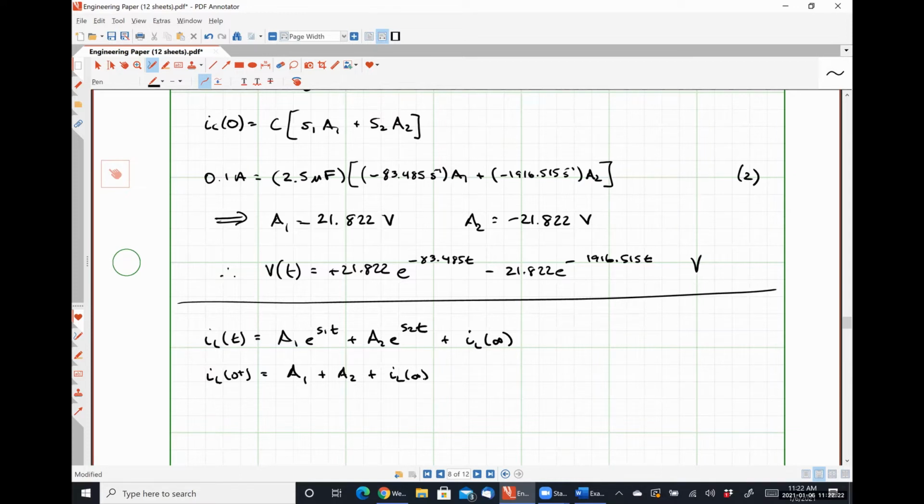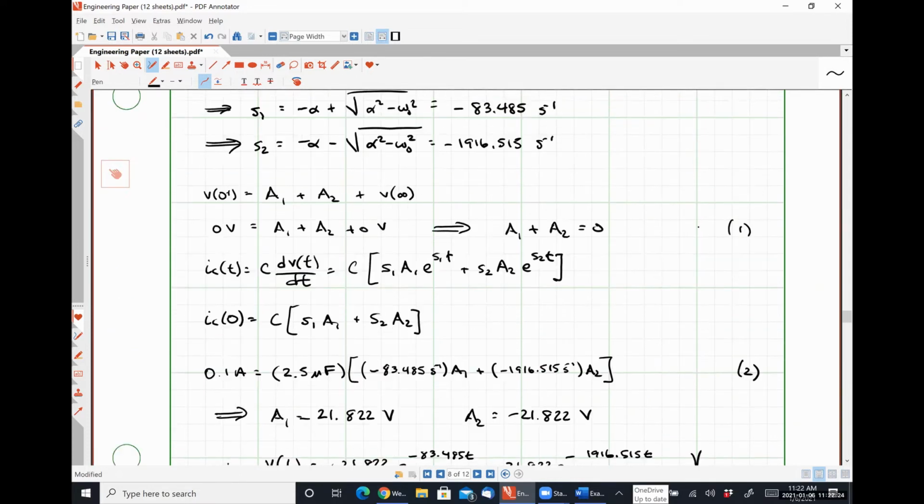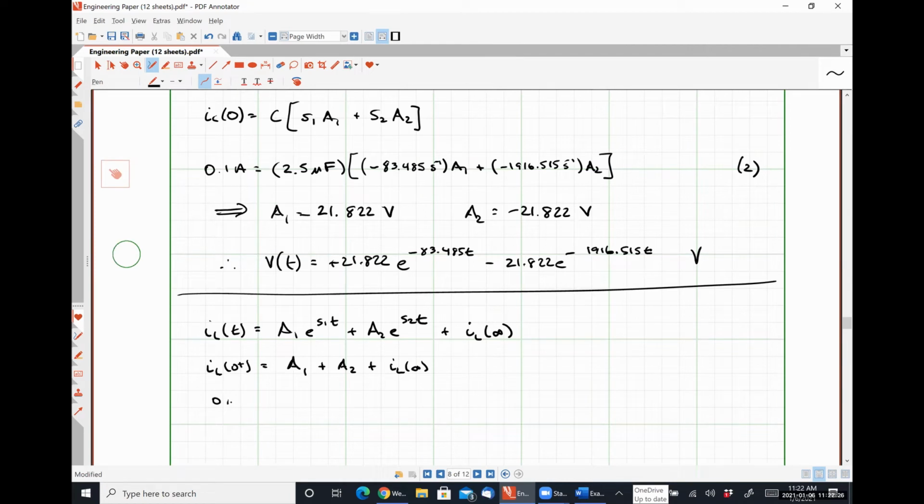IL at 0 plus was 0, right? 0 amps is equal to A1 plus A2 plus 0.1 amps, which gives us A1 plus A2 equal to negative 0.1 amps.